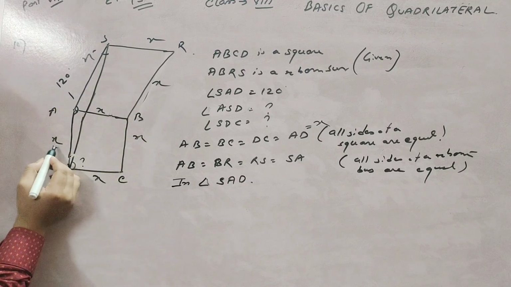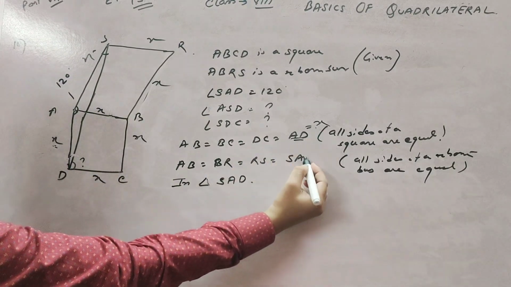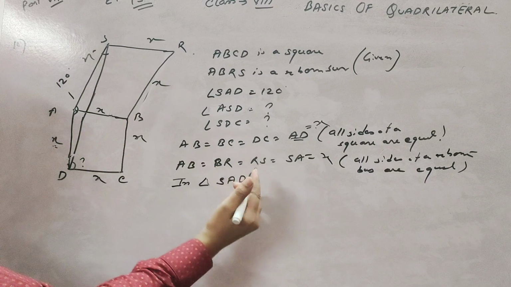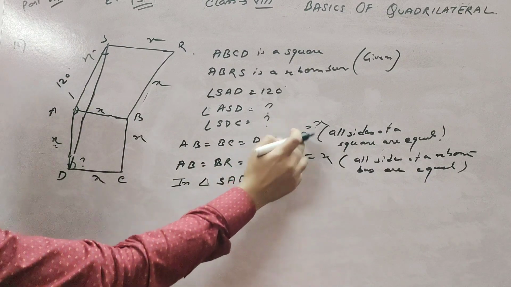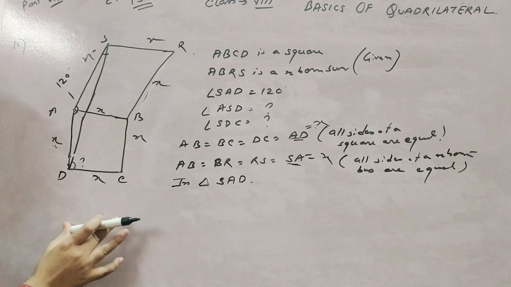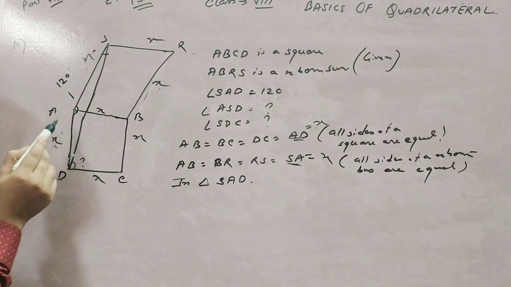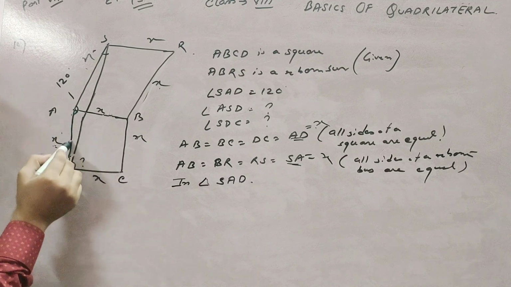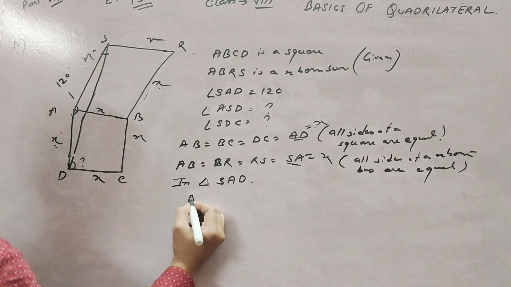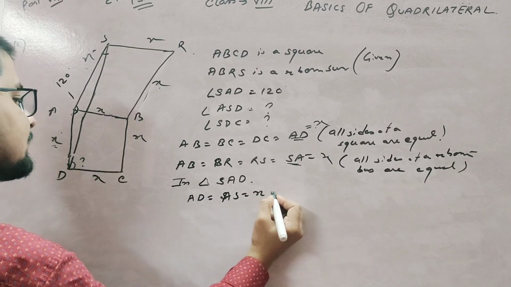Why? Because AD is also x, and SA, that is this portion, is also x. Because all sides are equal. So these two sides AD and SA are equal. So we write AD equals to AS equals to x.